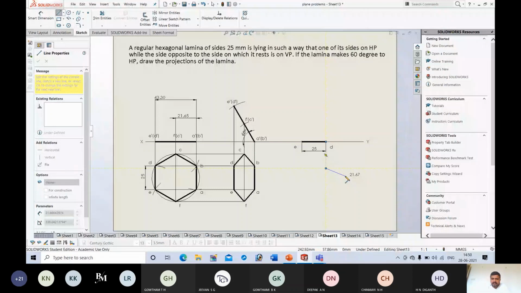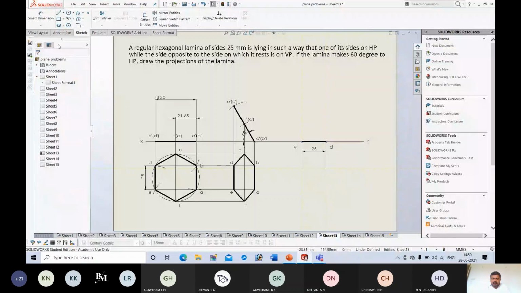Next, I will take the radial distance between E and A, and mark that on this line. I will get point A. Similarly, the radial distance between D and B will be the same. Now I will measure the radial distance between E and A. It is 21.65.